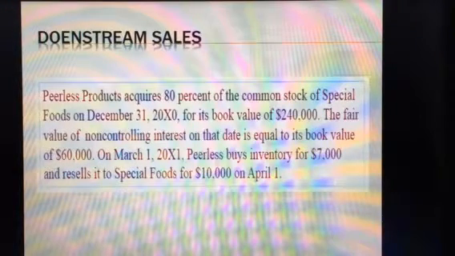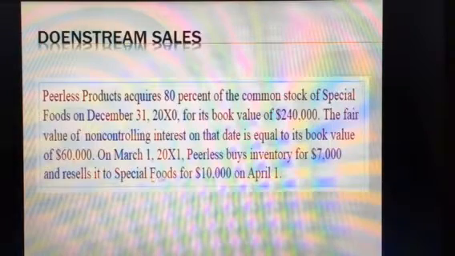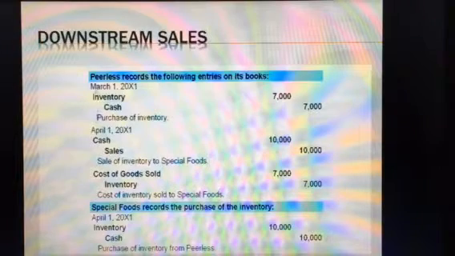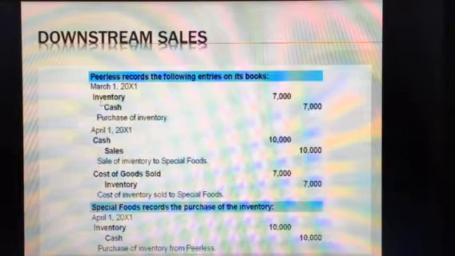On March 1, Barless buys inventory for 7,000 and resells it to Special Foods for 10,000 on April 1. You can see in March, inventory 7,000 to cash 7,000. Purchase of inventory on April 1, cash is 10,000 and to sales is 10,000. Sales of inventory to Special Foods.